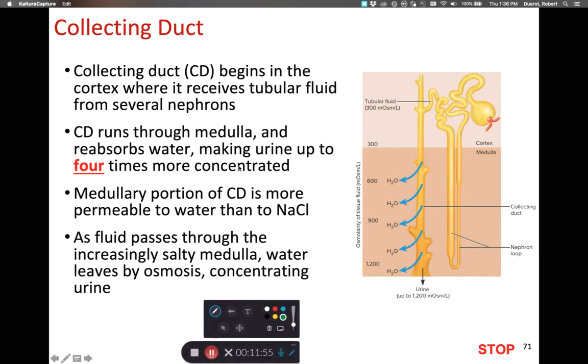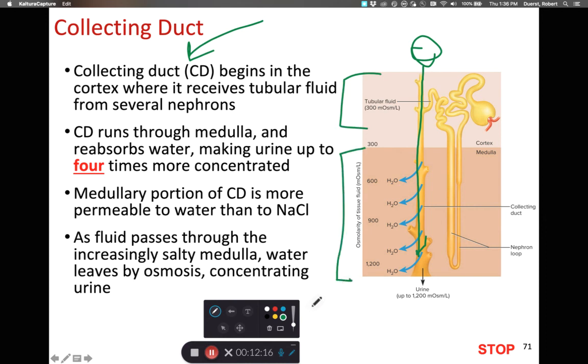As we look at our collecting duct, abbreviated CD, our collecting duct is going to receive filtrate from multiple distal convoluted tubules. Our collecting duct starts within the renal cortex, up here in the cortex, and works its way down into the renal medulla. And as we go from up in the cortex to down in the medulla, the saline concentration, more precisely the osmolarity of that extracellular cavity, increases.